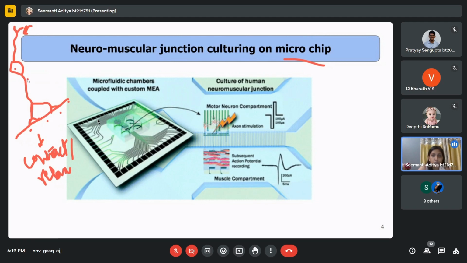There are different neurons also. There are motor neurons, which are going to act on the muscle, and the muscle will respond to the changes or the signals, whereas the sensory neurons will sense the changes.